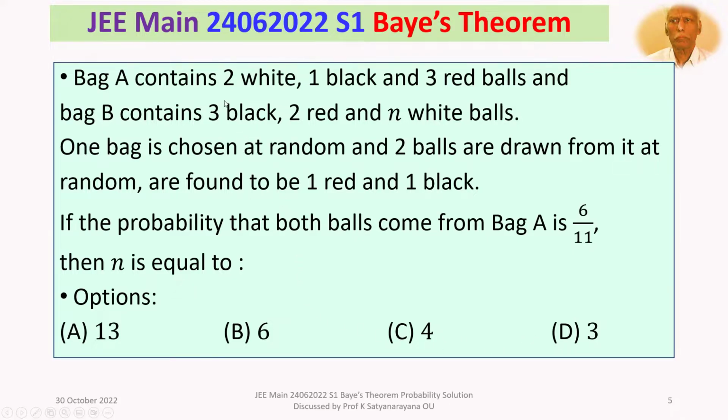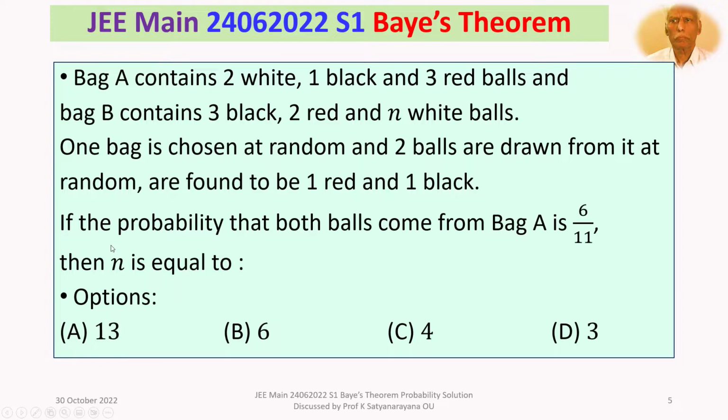So we have 2 bags. The first bag is bag A. It contains 2 white, 1 black and 3 red balls. And the second bag is called bag B. It contains 3 black, 2 red and n white balls. One bag is chosen at random and 2 balls are drawn from it at random, and those 2 balls drawn are found to be 1 red and 1 black.